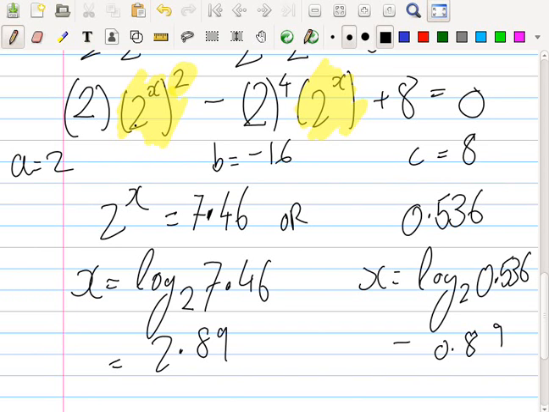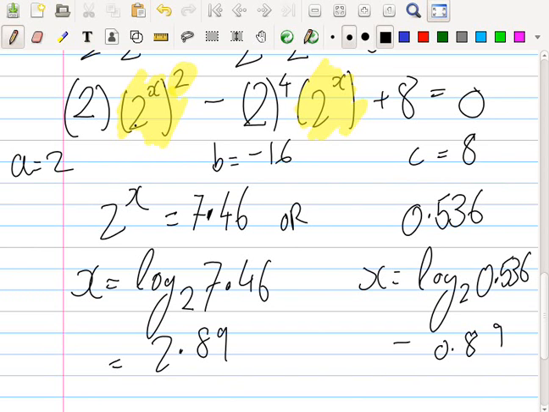No, but that's like saying the same thing as this. It's like saying, look, this is x squared. So when you get your answer on your calculator, that's like saying x squared equals. You don't do that, right? If I said ay squared plus by plus c, what are you solving for?